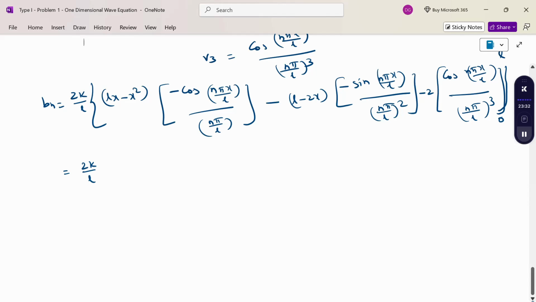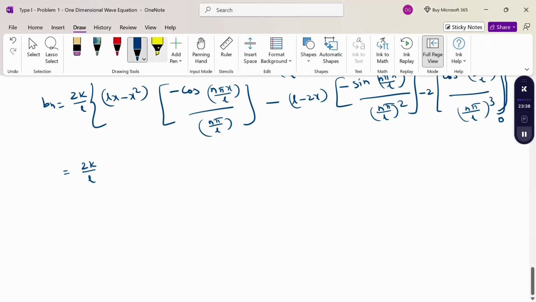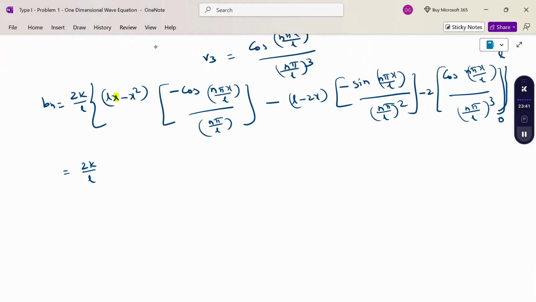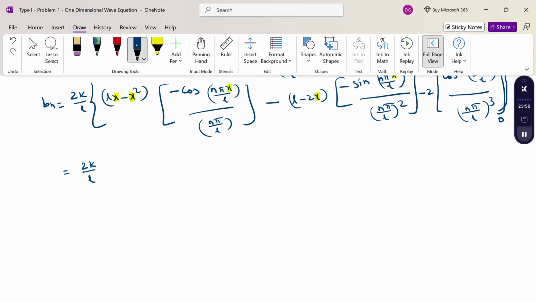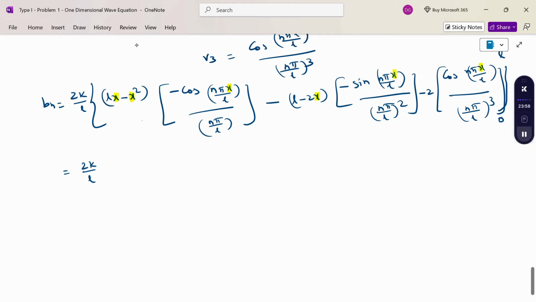Otherwise, a careless mistake is possible. Where I substitute L, these places are L. So the first term becomes 0, so 0 into the whole term is 0.